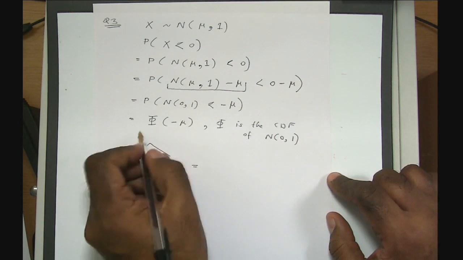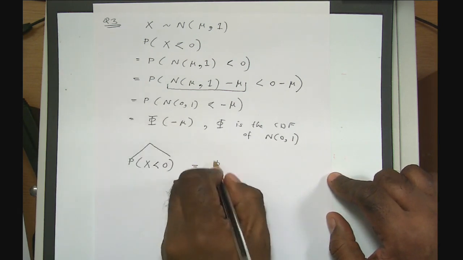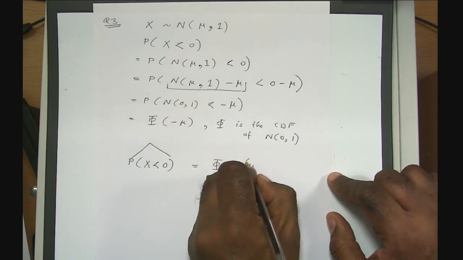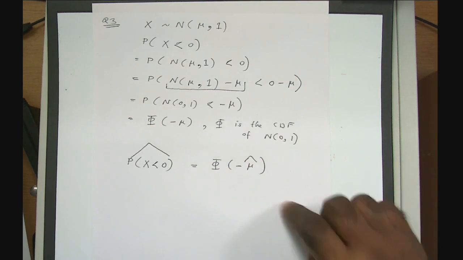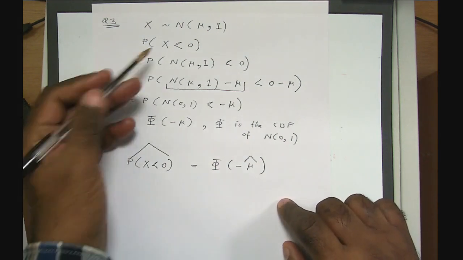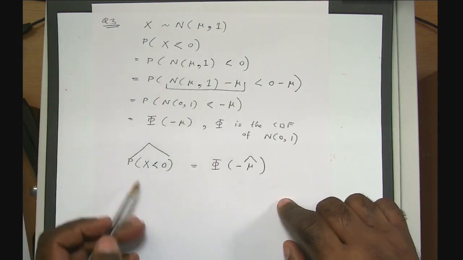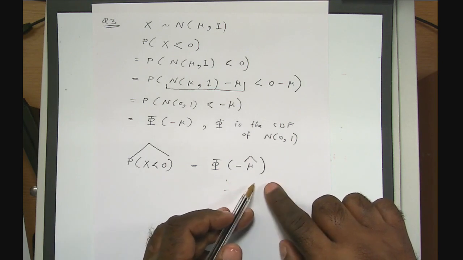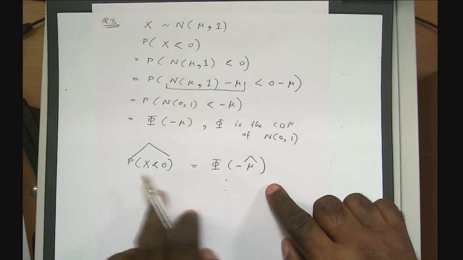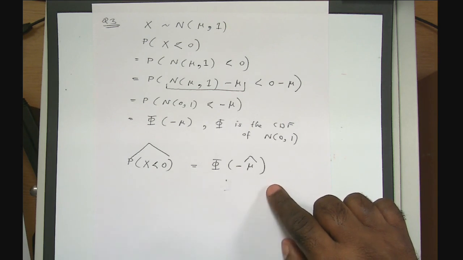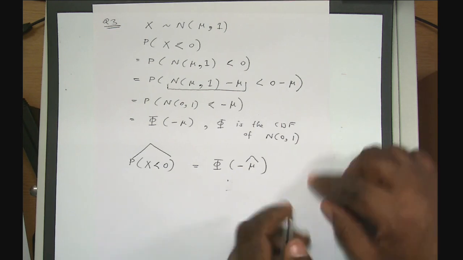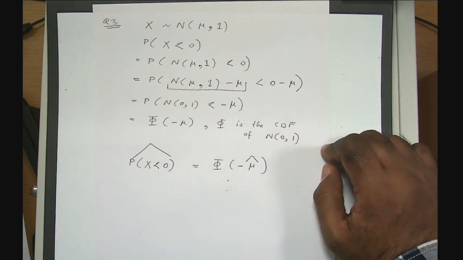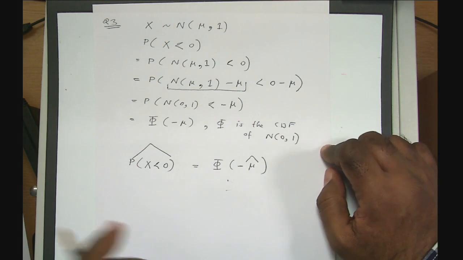Because of this relation, right, because this is equal to this, guys, the MLE of the probability is equal to phi at minus the MLE of mu. Yeah. I mean, this is the invariance property. I think it's in the lecture notes, but I didn't say that explicitly. But this is known as the invariance property of MLEs. Yeah, which is part of the notes.